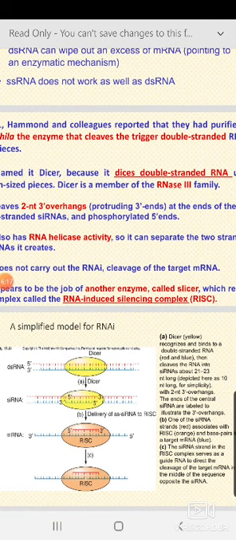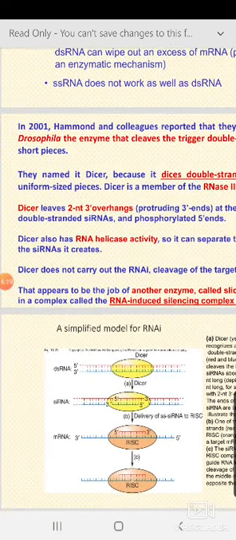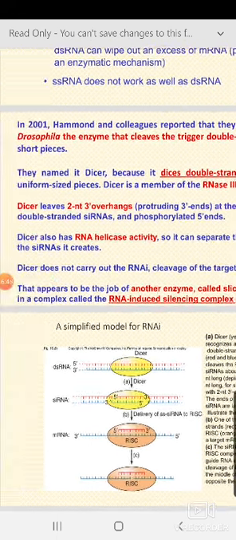So this is the enzyme which they purified from Drosophila, which cleaves the double-stranded RNA that has been introduced or injected inside the cell into small 23 to 25 nucleotide length double-stranded RNA. This enzyme is named Dicer.